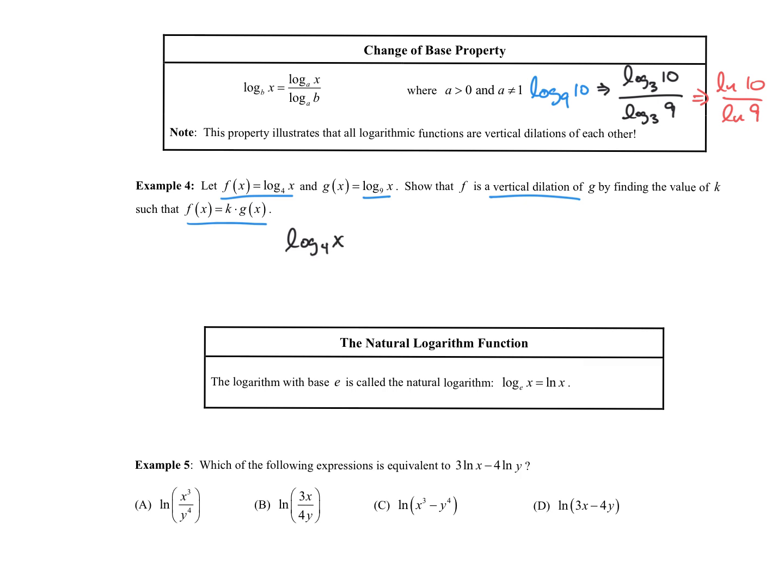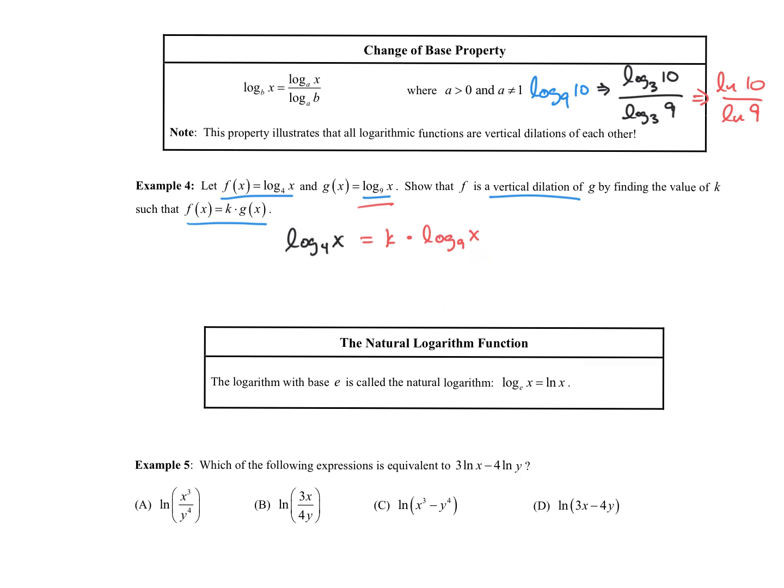And it's equal to k times g of x, which is log base 9 of x. They're telling me which way to go: I need to get a log base 9 of x. So I'm going to convert this log base 4 of x into base 9. Does everybody follow me on this?